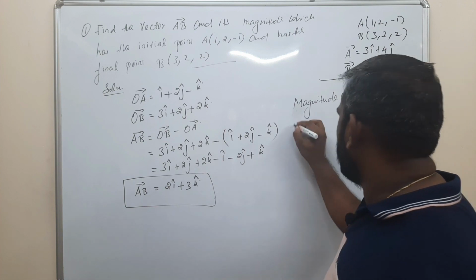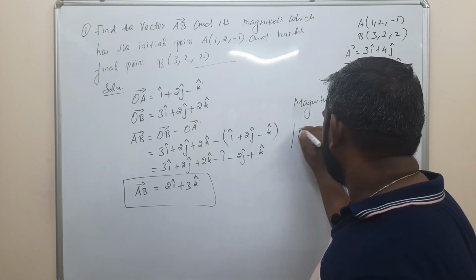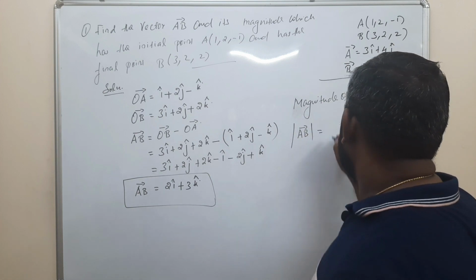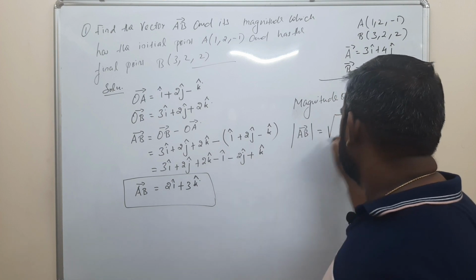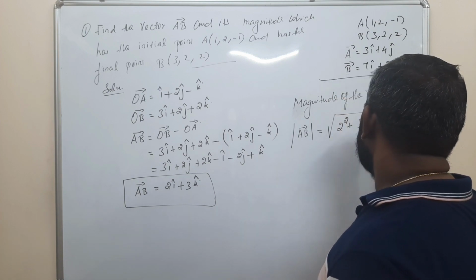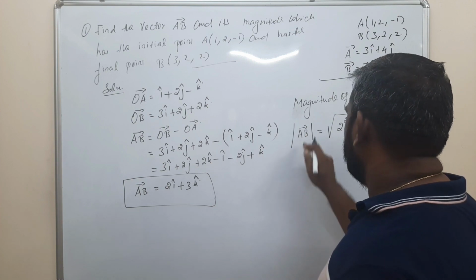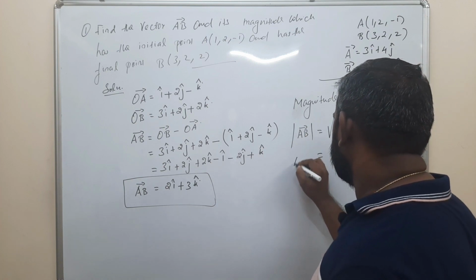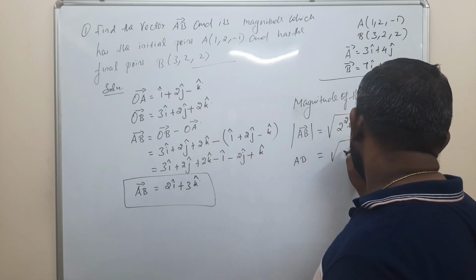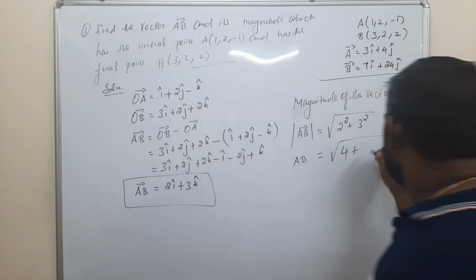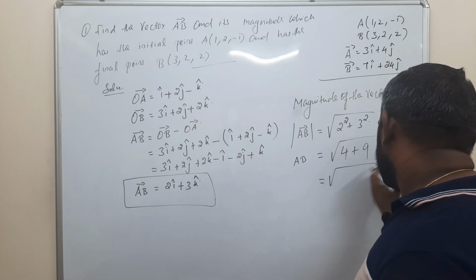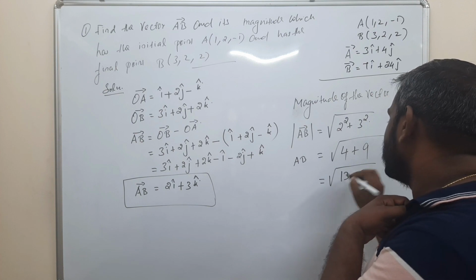Okay, so modulus of AB vector, that is magnitude, is equal to formula, that is square root of 2 square plus 3 square. So that's equal to root of 2 square, that is 4, plus 3 square, that is 9. So that's equal to 4 plus 9, that is 13.